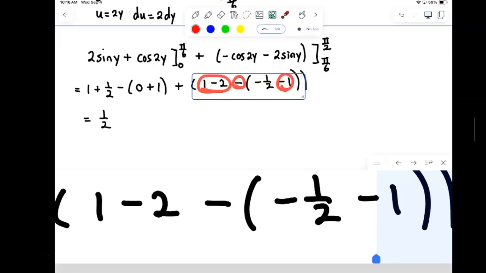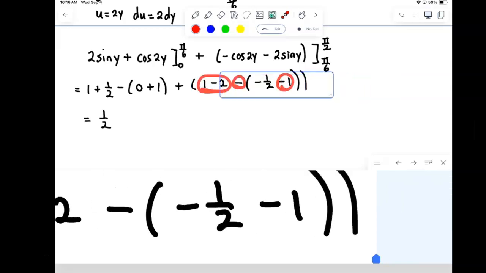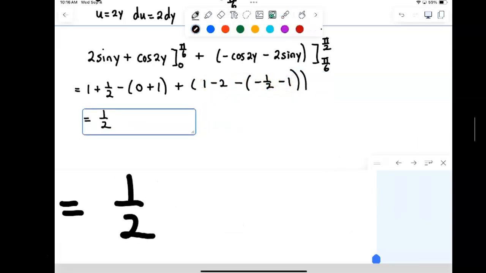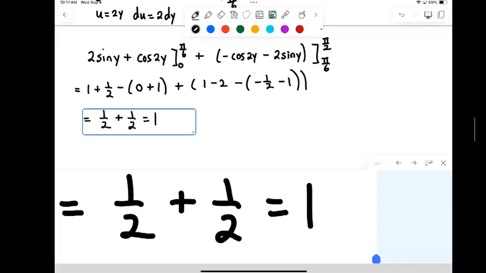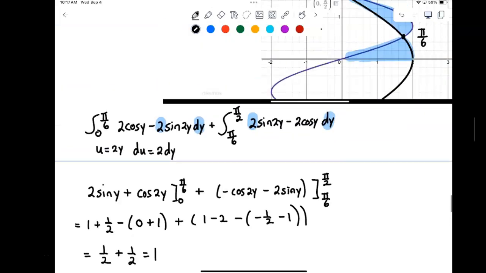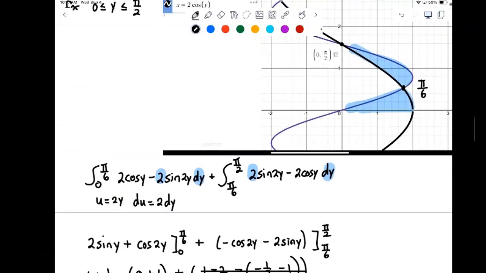So all that stuff goes away, and we just have the negative distributed onto the 1/2, which makes it just plus 1/2. So in the grand scheme of things, the area that we're looking at in this problem is 1. So this region that we found here in blue, right here and here, turns out to have a total area of 1.